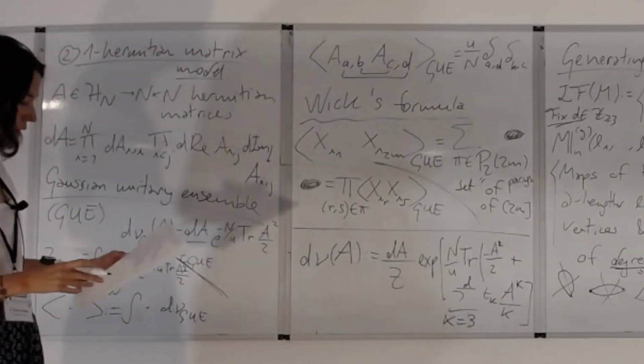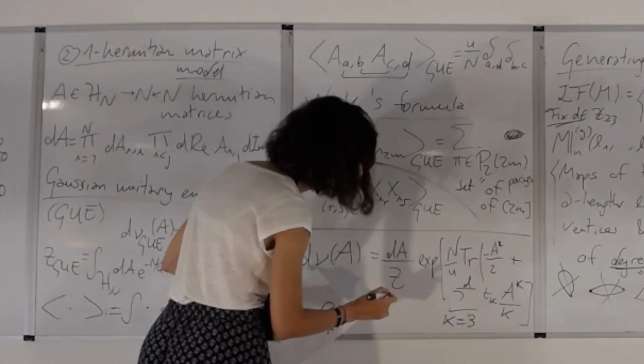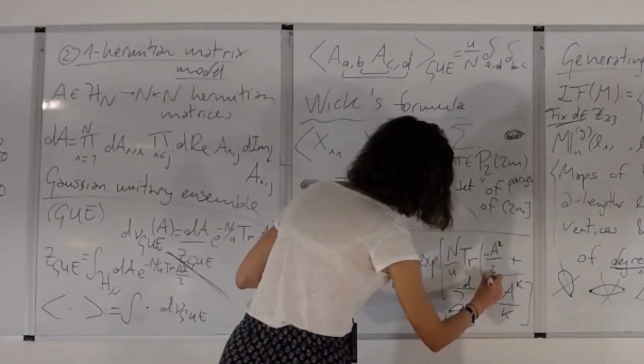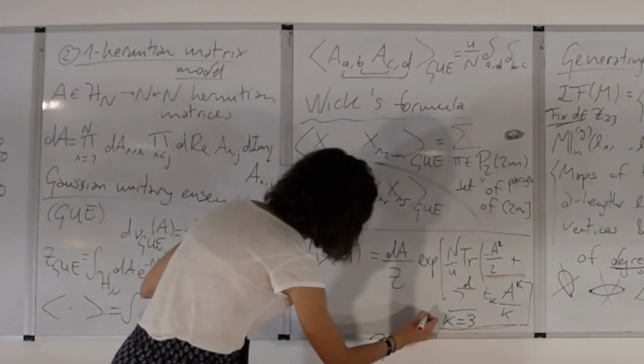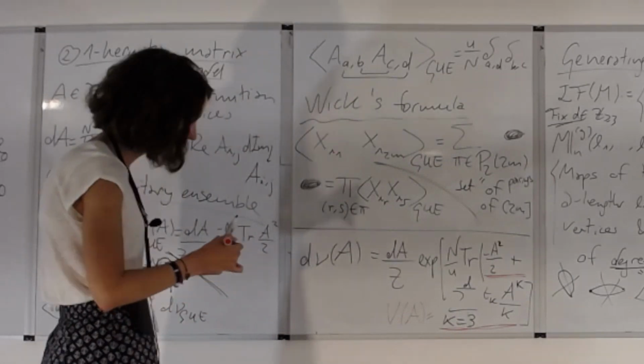Okay, and the whole thing inside the trace is what we call the potential, the potential of the matrix model. We just call it V.